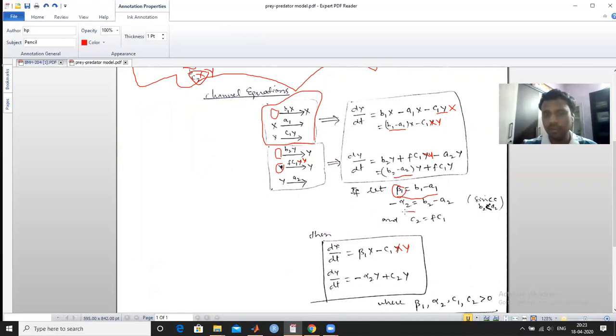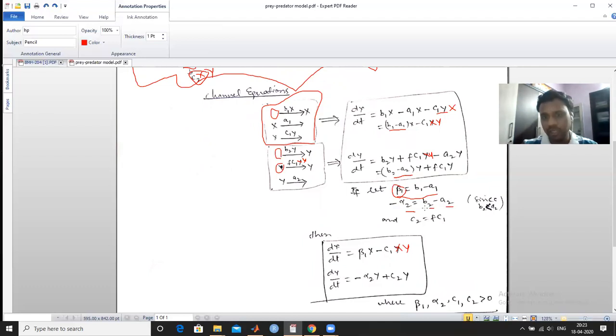minus alpha 2. Actually, why have they taken this as minus alpha 2? Because here a2 is greater than b2. This a2 is the natural death rate, and this is the birth rate of the predator. So birth rate is less and death rate is high, so that will be negative.